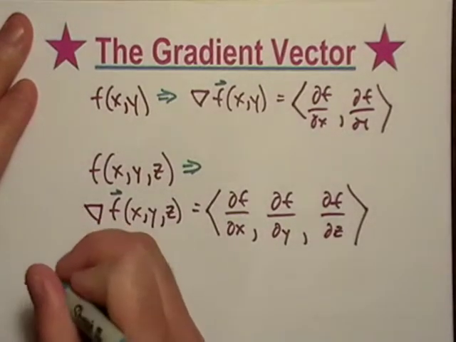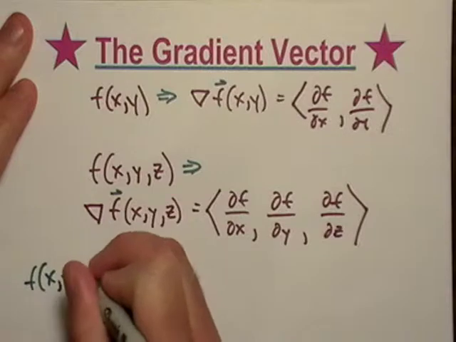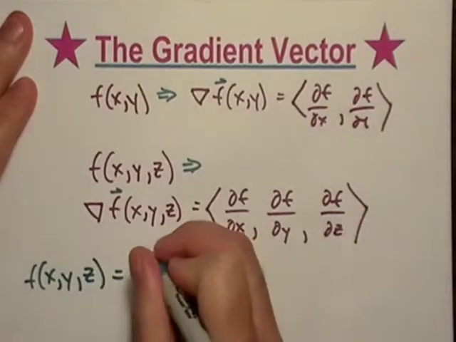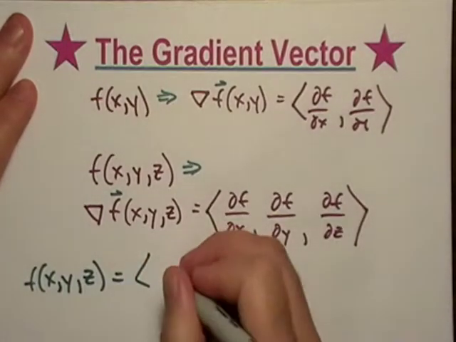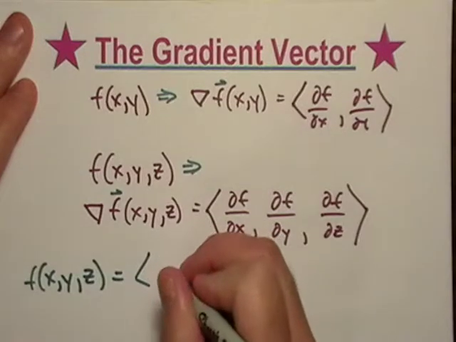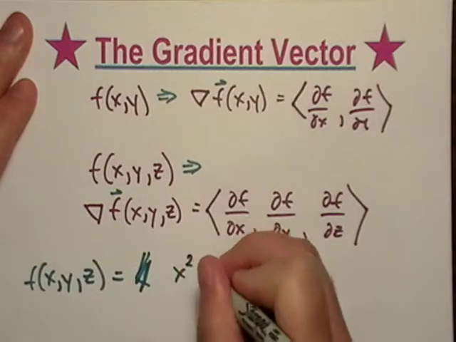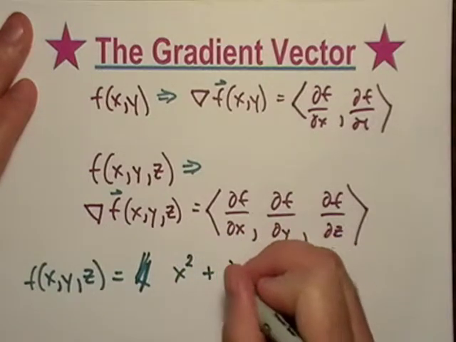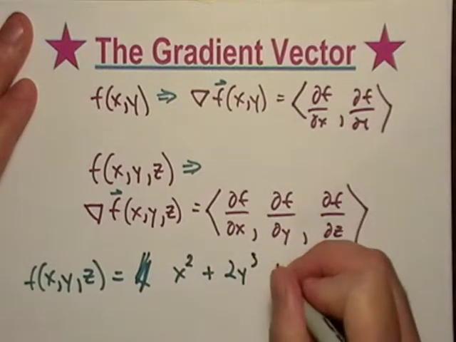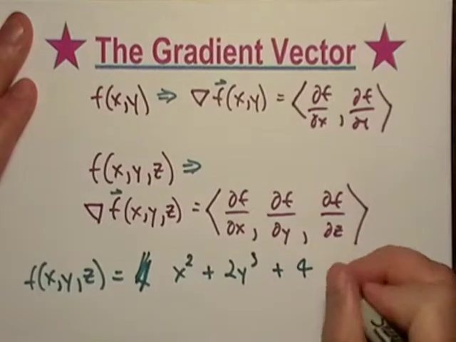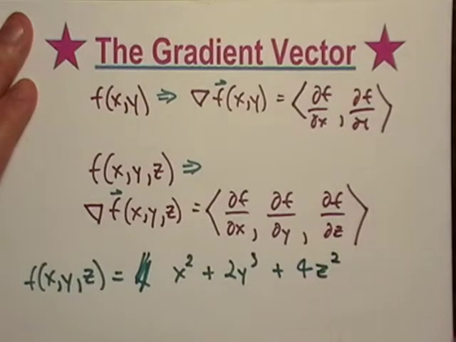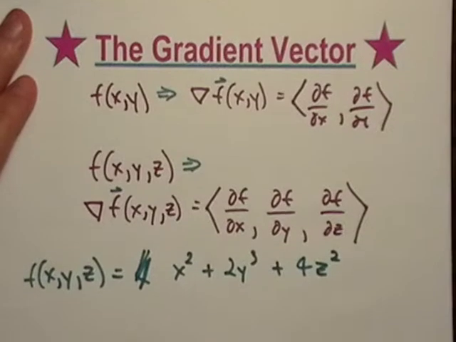So let's say f of x is equal to, I don't know, x squared plus 2y to the third plus 4z squared. There's our function of x, y, and z.